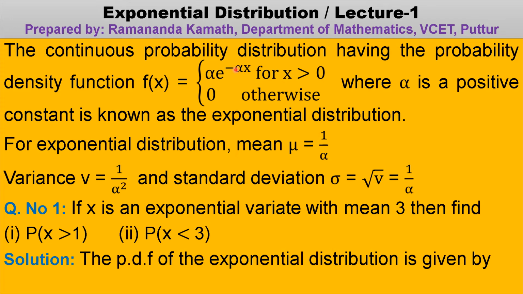So 1 by that alpha will be the mean of the exponential distribution. Variance will be 1 by alpha square, and standard deviation is 1 by alpha.